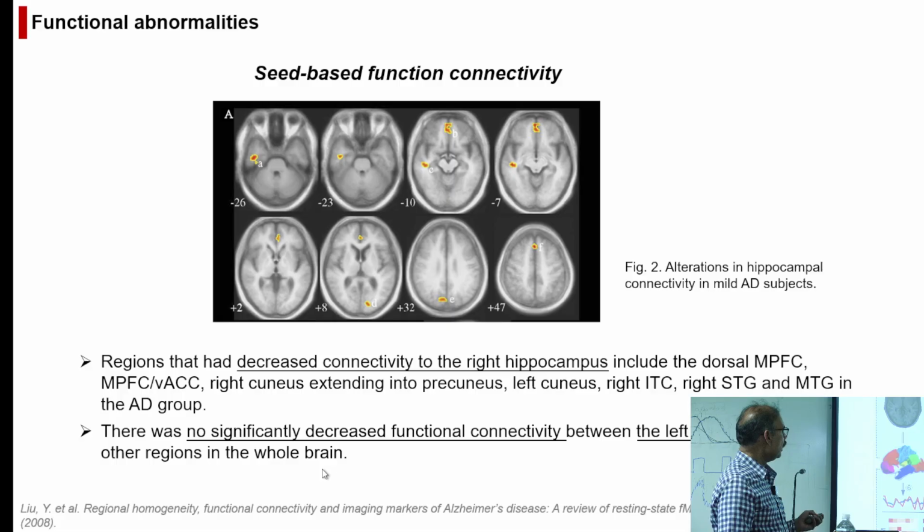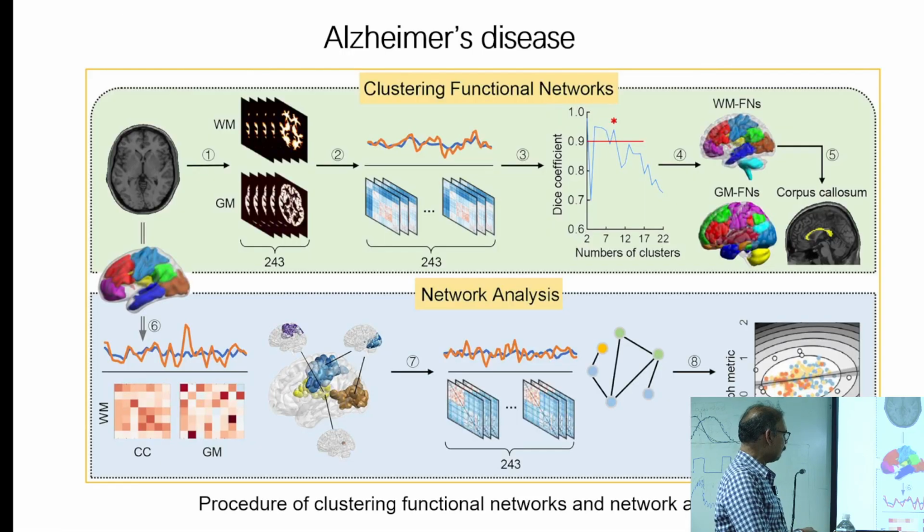Since then, we have been looking at the correlation matrix. This is like the graph theoretical network where we take many different regions, a time series from different regions, and correlate with every other region. And using dynamic connectivity, we get a series of correlation measures.